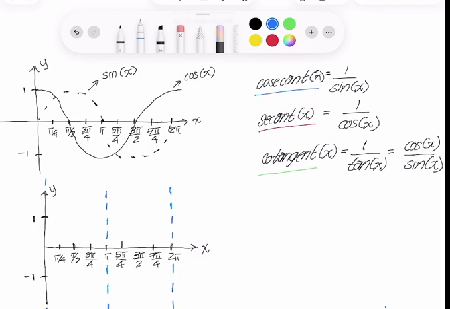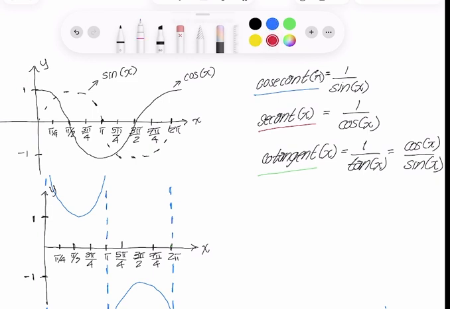So what does cosecant look like? It goes from infinity down to 1 at pi halves, and then it goes back to infinity. From pi to 2 pi, it goes from negative infinity to minus 1, and then back to negative infinity.